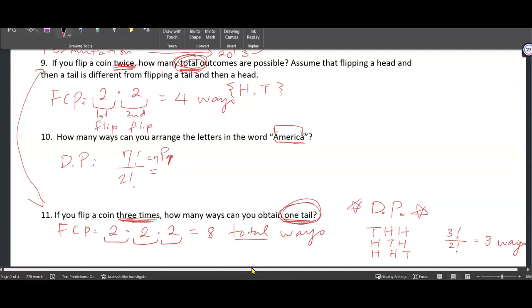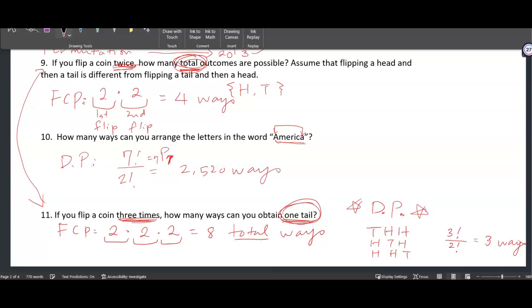That gives you the distinguishable permutation way of rearranging the letters in the word America, which is 2,520 ways. Okay, so that's the answer.